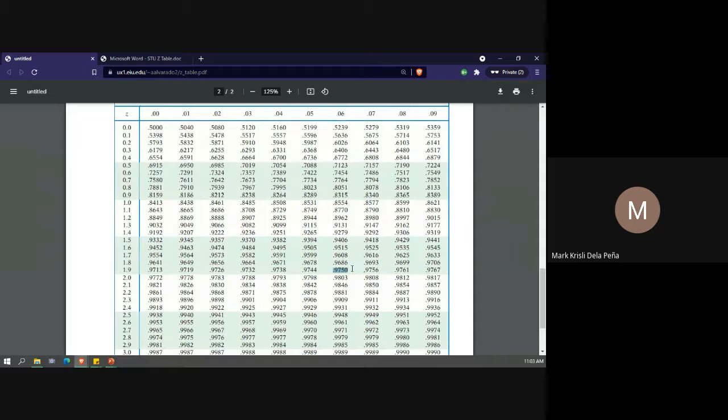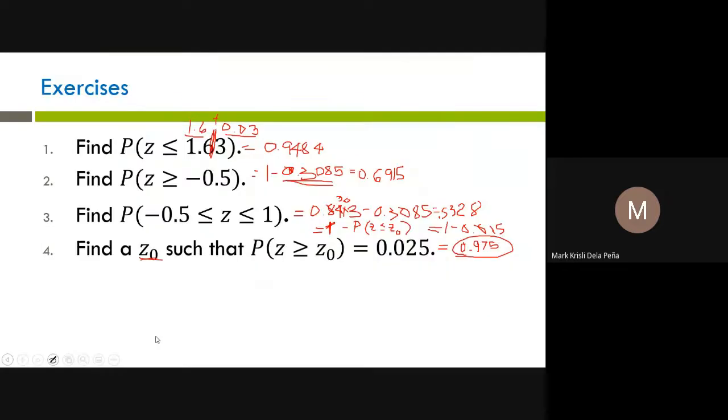So get the numbers. Now you have 1.9, add to it 0.06. So z₀ is 1.96.